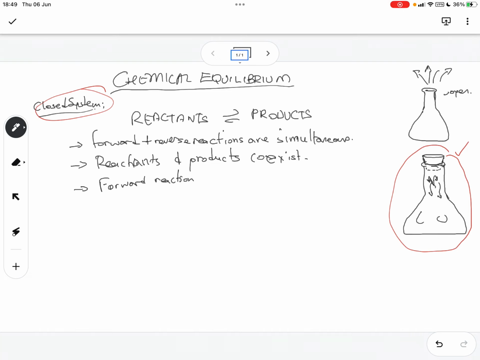So the forward reaction rate decreases, and this is because the concentration of the reactants decreases as they are being used to make the product. When we mix the reactants together, they get used up to form the products.